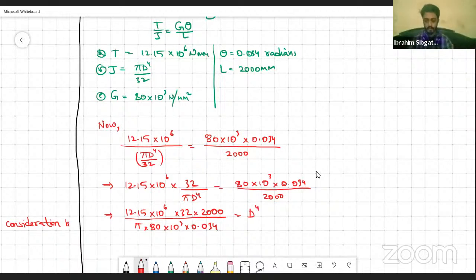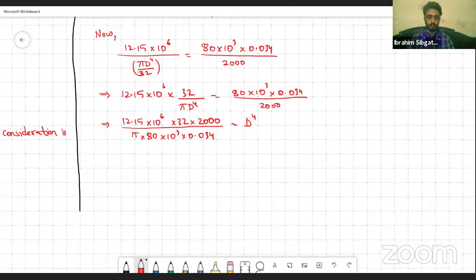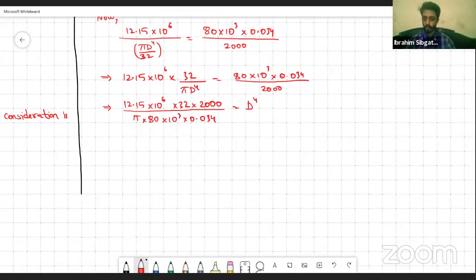Now let's solve this part even further. Upon solving, I have got the answer of this whole huge value as 9099179.23 equals to d power 4.